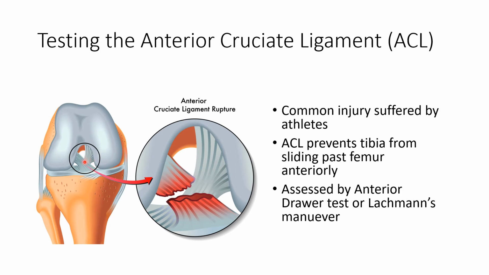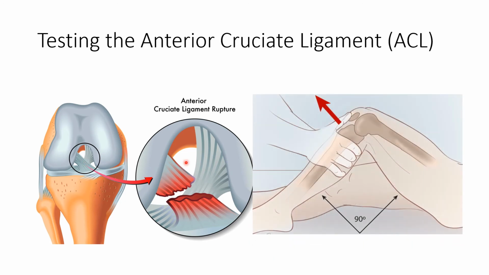So if the ACL prevents the tibia from sliding past the femur anteriorly, we want to check and see if we can force that tibia further anterior than it's supposed to be. And if that is the case, so we're pulling on it like this, if it does come anterior more than it should, then that is an indication that you may have an anterior cruciate ligament rupture.